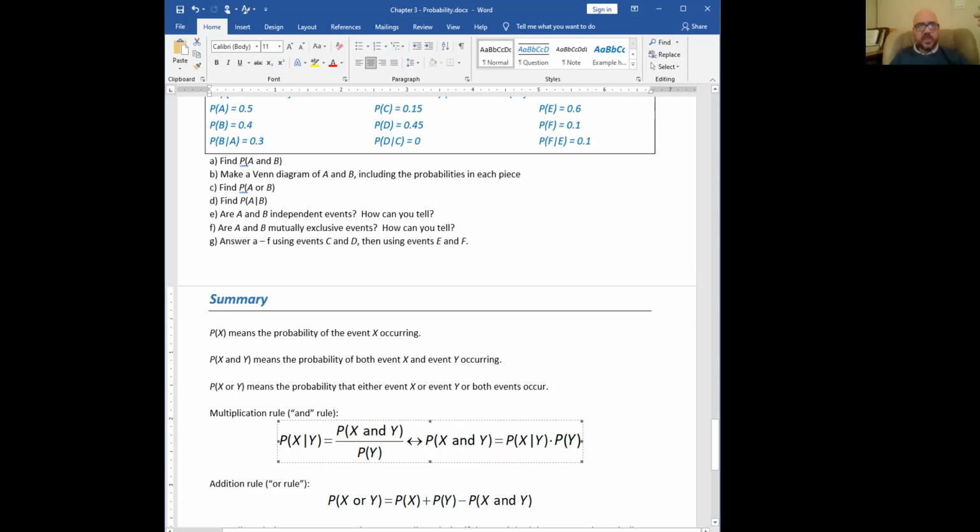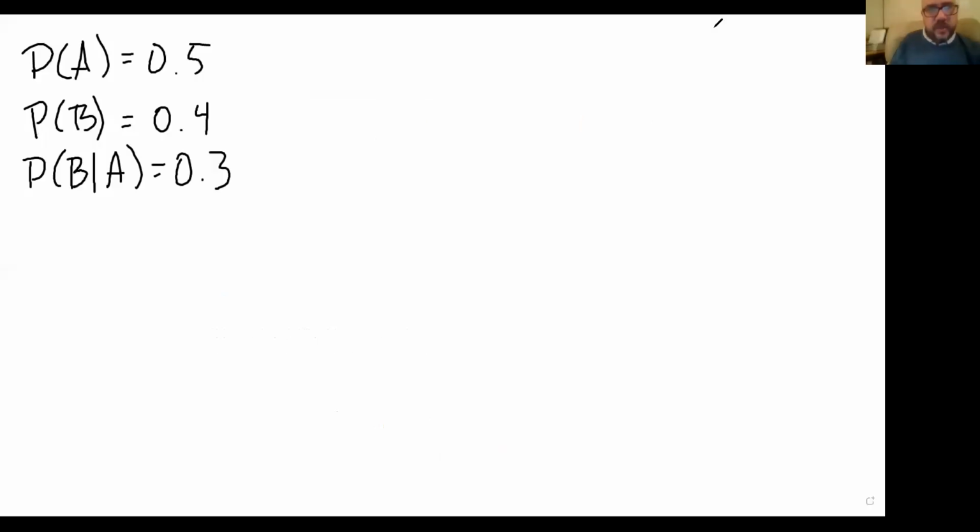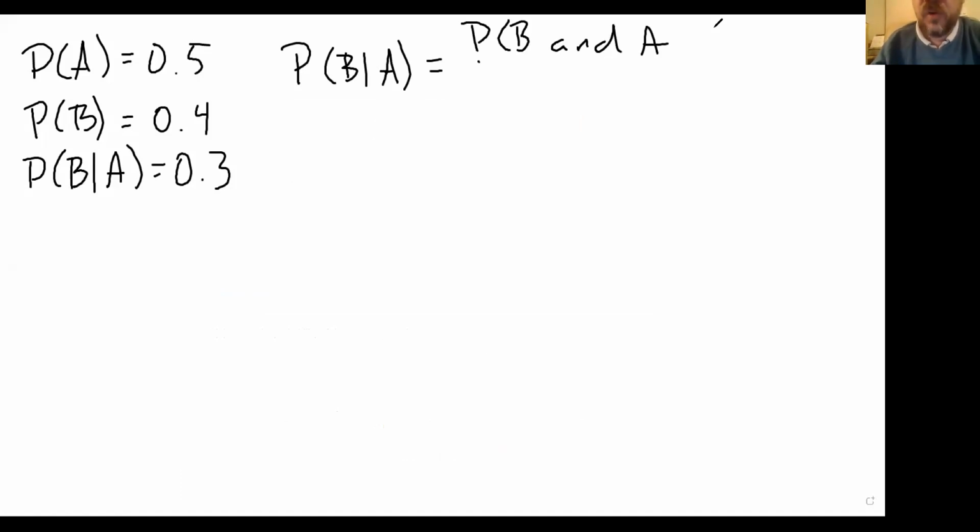Let's go see that on the whiteboard. So I can say that the probability of B given A is the probability of B and A over probability of A. Now, let me point something out.